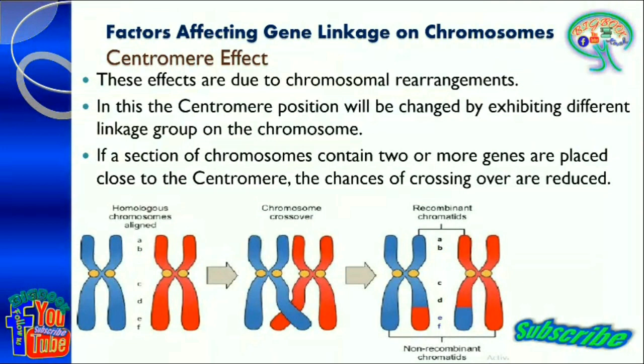Certainly in some rare conditions, if there is any aberration in the chromosomes, let it be duplications, deletions, inversions, or translocations, they are going to cause different kinds of homologous pairing. Here you can understand what homologous pairing is.